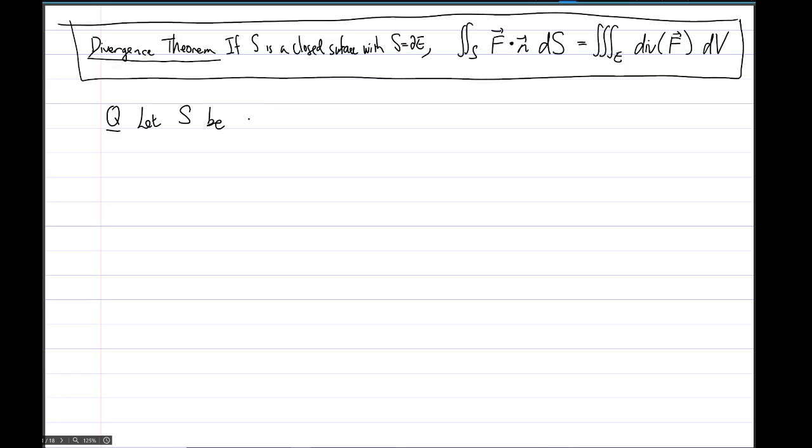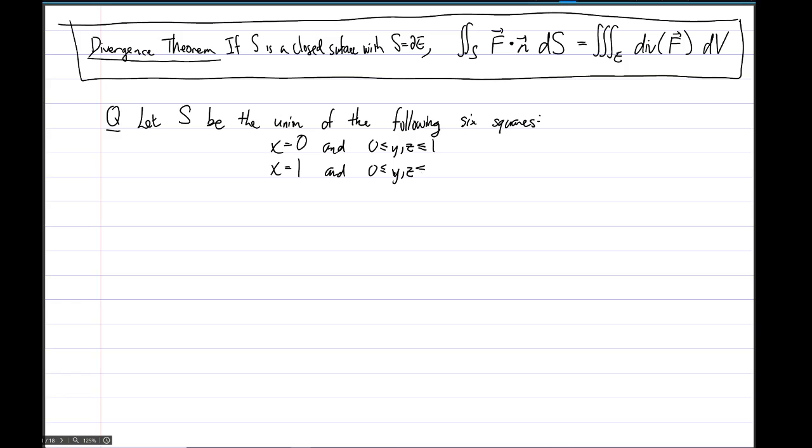So let S be the union of the following 6 squares. I'm going to describe to you 6 squares right now in three-dimensional space. One is the square where the x value is always 0, and y and z are both between 0 and 1 all the time. Another square is x equals 1, and y and z are between 0 and 1.